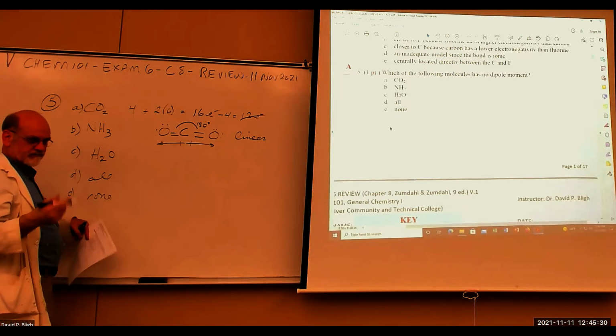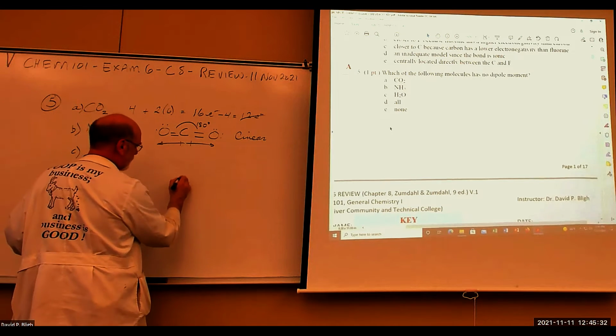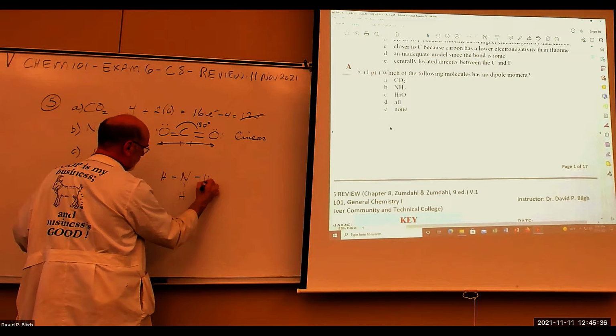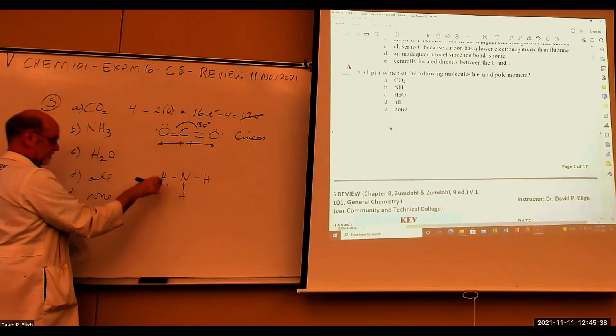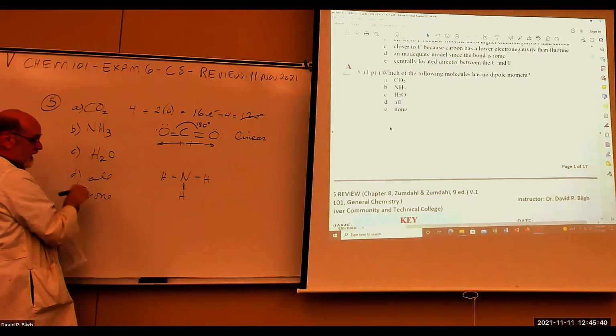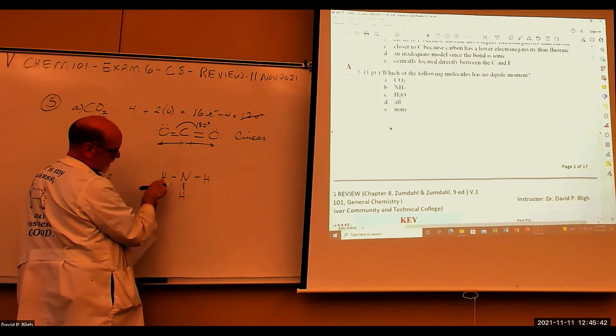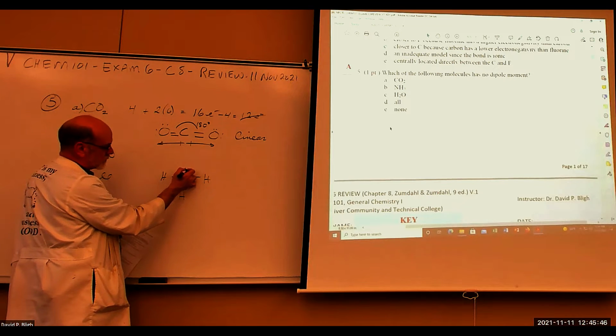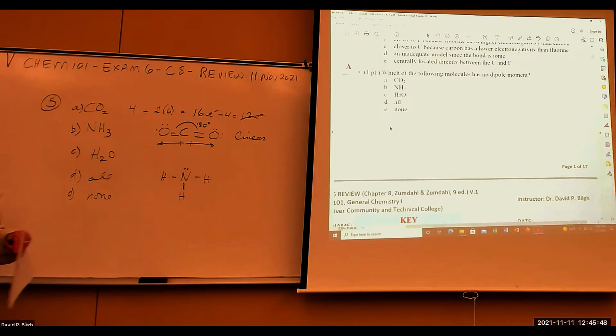We're going to do it the kosher way. Nitrogen, like that, like that, like that, like that. Okay. 2, 4, 6, and we have 8 to go around. So 2 more. None of the hydrogens can take any more electrons. So we have to put the extra pair on the nitrogen.